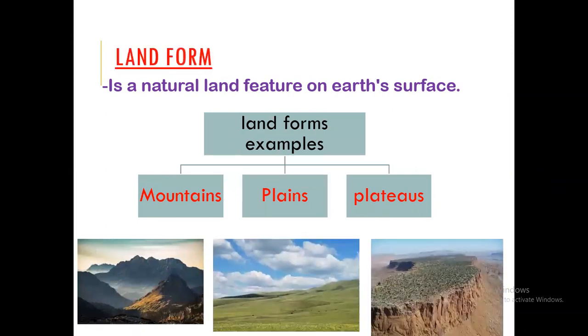Today, my friends, I'll tell you about landforms. What do I mean by landform? A landform is a natural land feature on Earth's surface, like mountains, hills, plains, plateaus, valleys, and canyons. They are all examples of landforms. Our homes or our schools are not landforms because they are not natural.